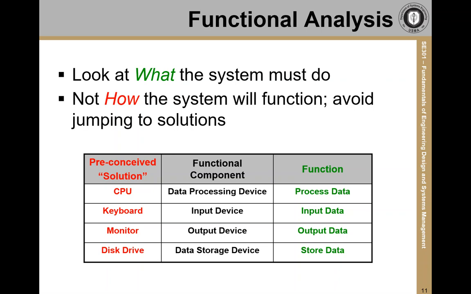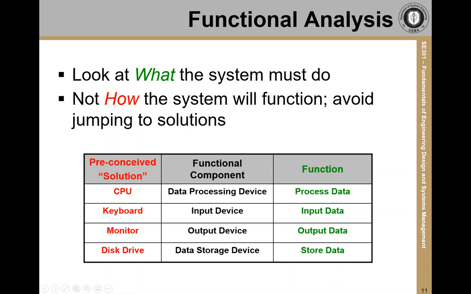Similarly, our monitor is a way to output data, right? So our function there would be output data, and we do that through a monitor. Our monitor is the tool or the solution. All right, and then finally, if we're talking about data storage, our function would be store data, and we can do that through a disk drive or through the cloud or some other way we can store data.